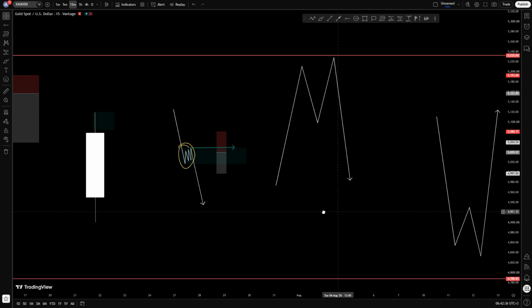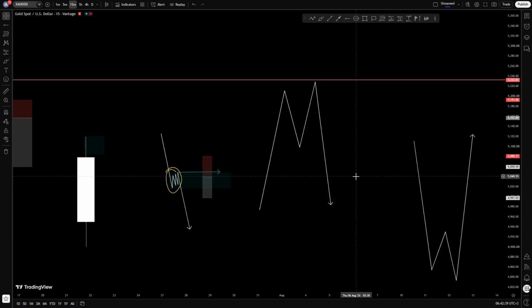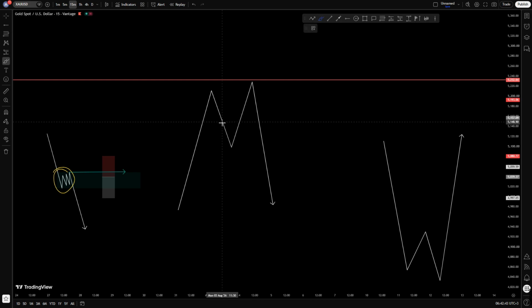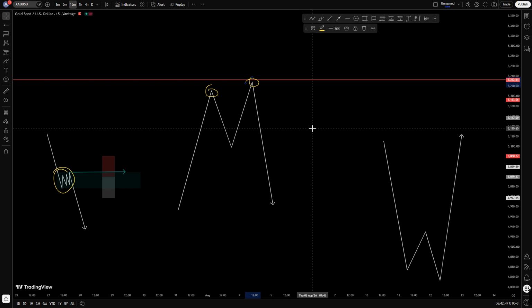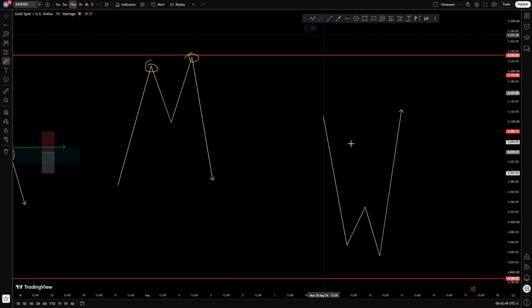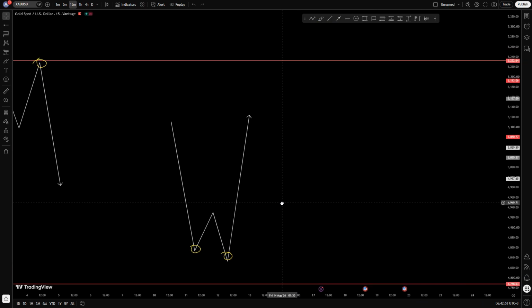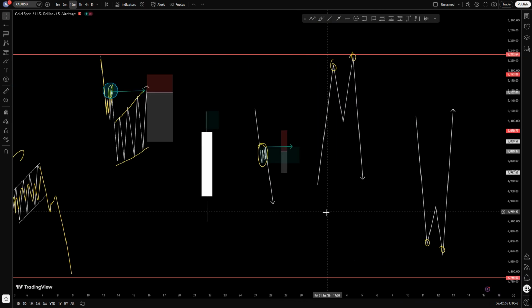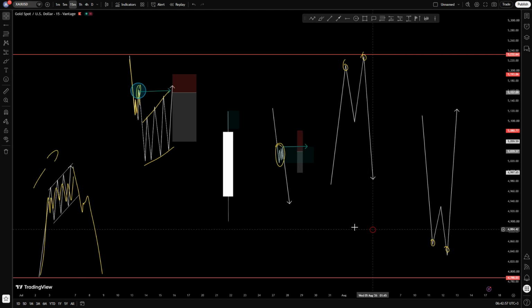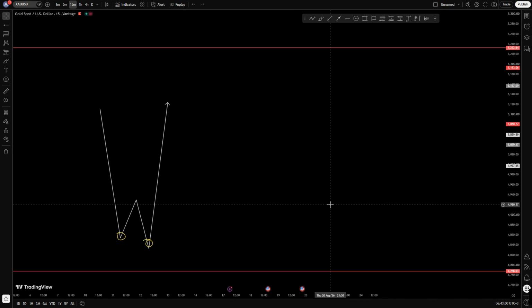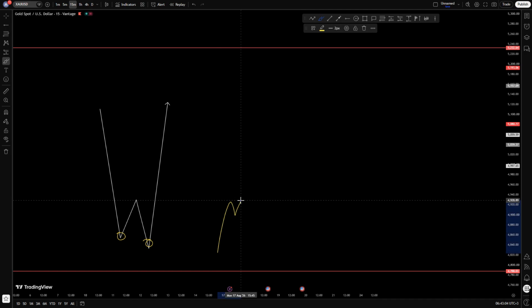So now another thing that you need to pay attention to is this pattern. Very important pattern. Double top. Double top and double bottom, right? These are very important patterns. Now sometimes, let's say this is an uptrend, right?